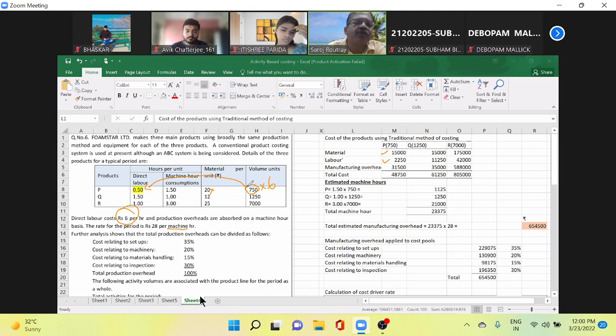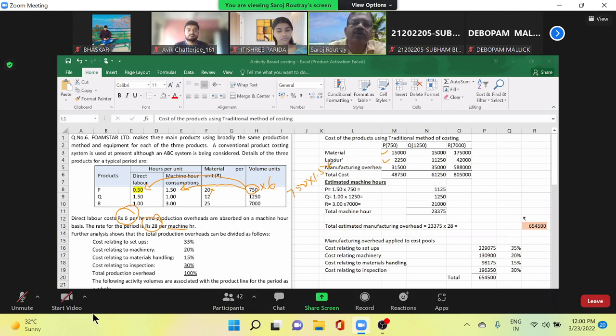Number of machine hours for P is 750 into 1.50 multiplied by 28. Machine hours I have calculated here, 1250 into 28. You will get 31,500. So the cost as per traditional method of costing is 48,750.